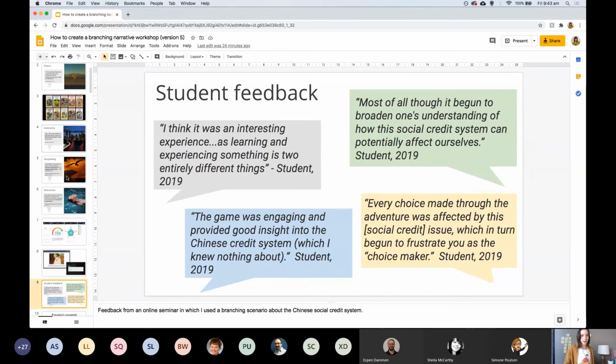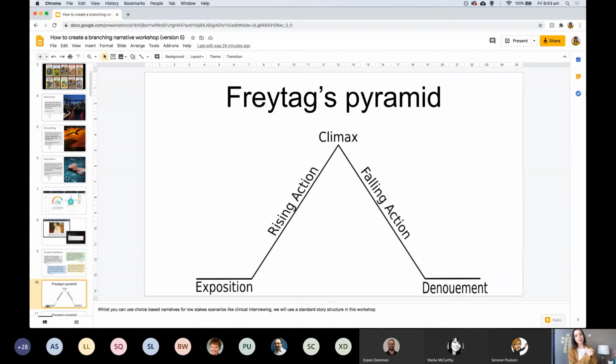So moving forward, we're going to use Freytag's pyramid. This is pretty simple. We're going to keep things pretty basic today with our little workshop. This is a 3-part narrative. Hollywood uses this, or they'll use the hero's journey type of structure.